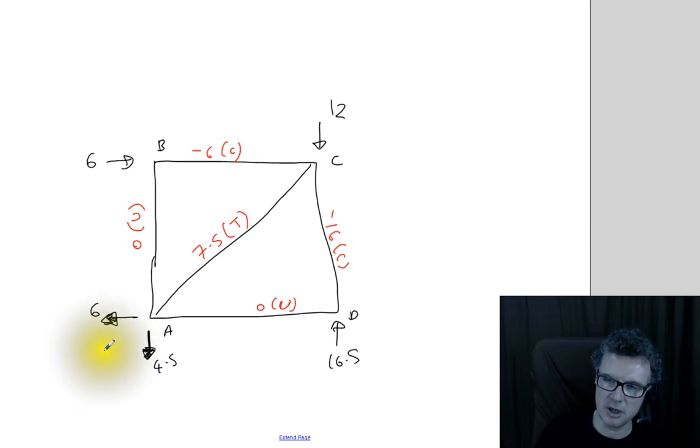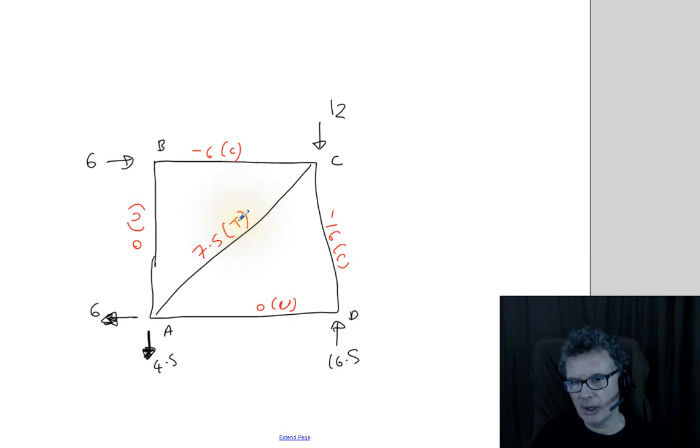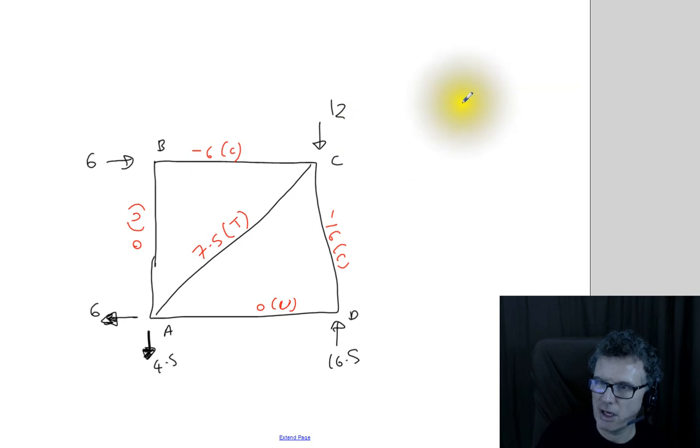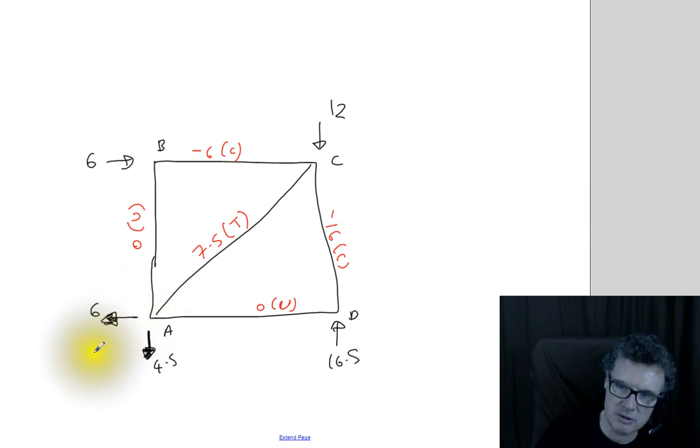And this bar here is trying to be pushed away in this direction. So we've got stuff being pushed vaguely off in this direction, well, actually more this direction, and stuff being pulled in this direction.